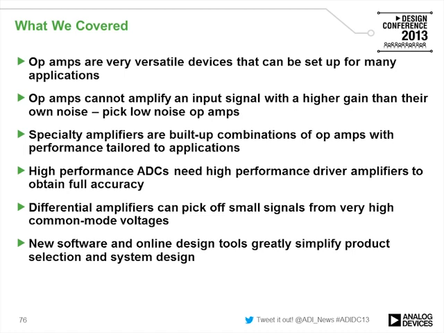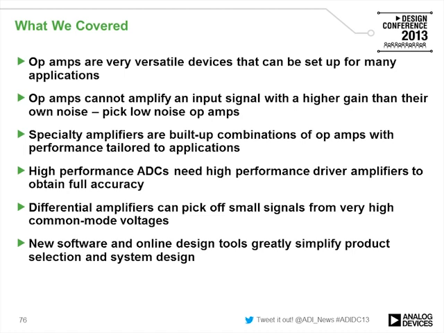In summary, we have covered that op-amps are very versatile devices that can be set up for many applications. Op-amps cannot amplify an input signal with a higher gain than their own noise, so we have to pick low noise op-amps. But we also have to consider the dominant noise source. Specialty amplifiers are built-up combinations of op-amps that are specifically tailored for complex applications.